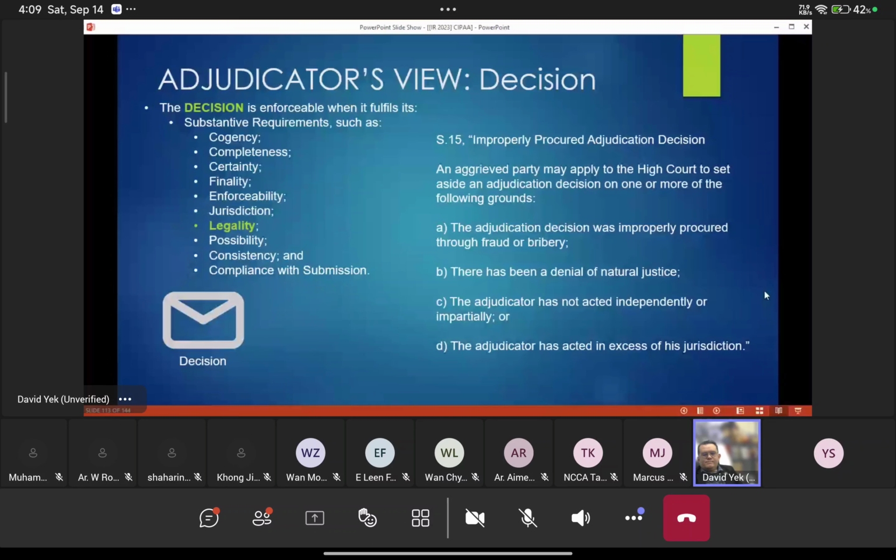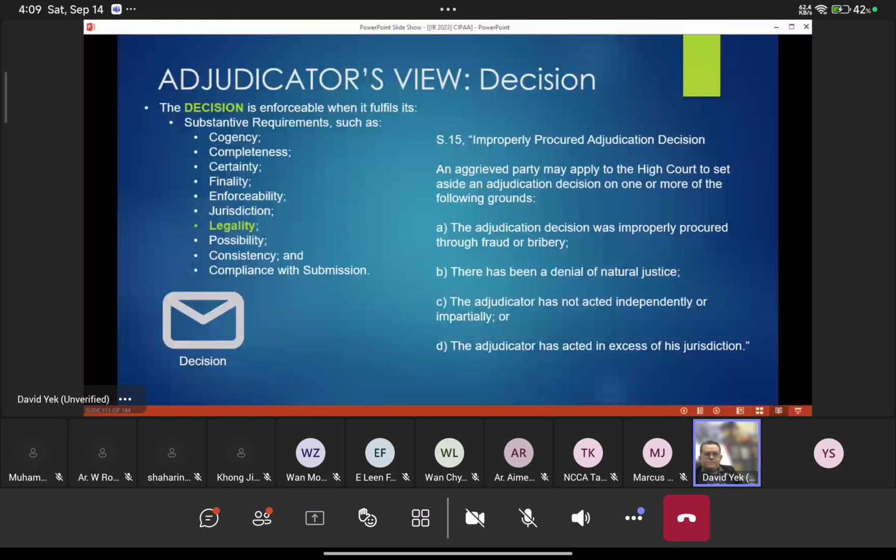This is where legality comes into it. An improperly procured adjudication decision, which means to say by fraud or bribery, is a denial of natural justice. For example, you are not given an opportunity to raise concerns, not given the opportunity to argue. So this is the meaning of denial of natural justice.